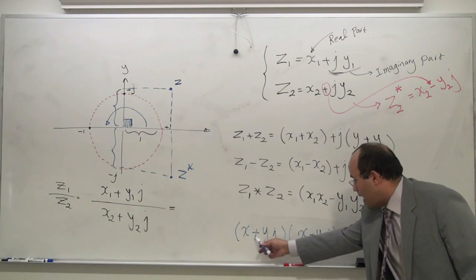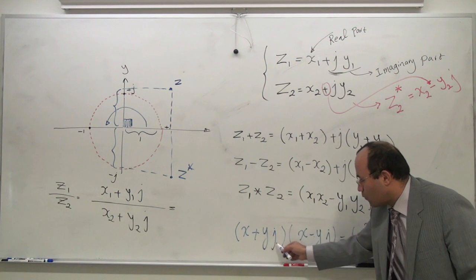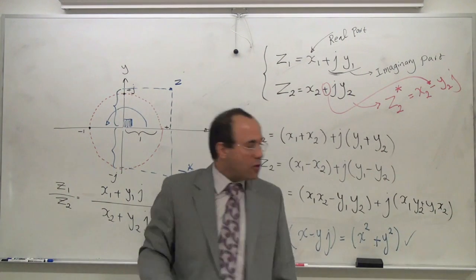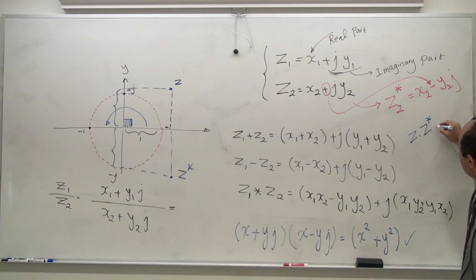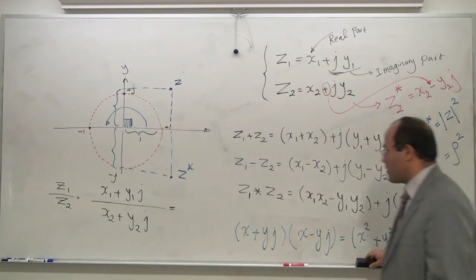And then you have x minus yj, x plus yj, they cancel each other out. It's real. If I multiply z by z conjugate, z times z conjugate is the same as rho to the power of 2, the absolute value of z to the power of 2. Rho was the distance from the point to the origin. I hope everybody remembers that.